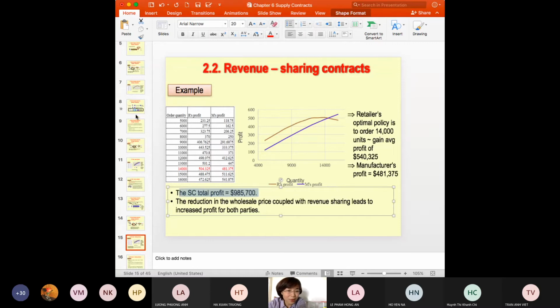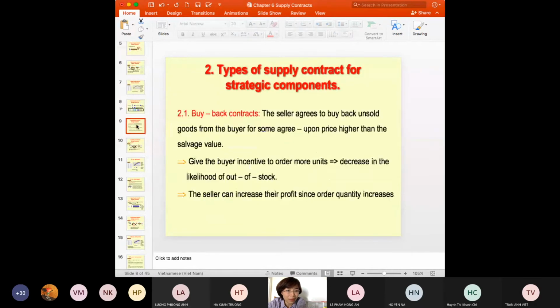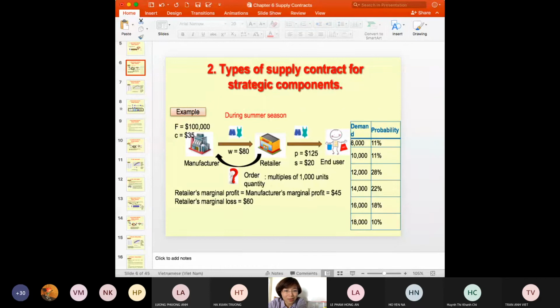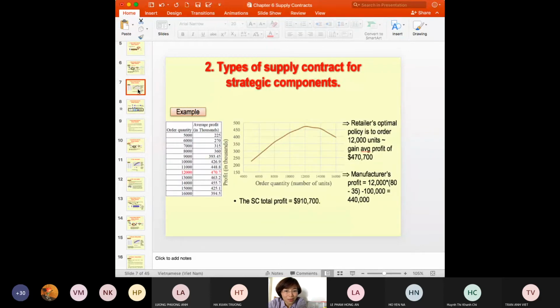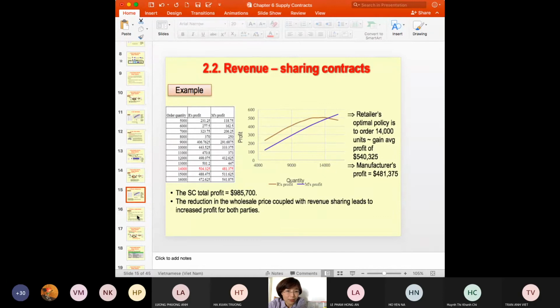But that is still an increase compared with the beginning of this case, where you can see the profits if they don't have any contracts. If they don't have a contract, the total profits for both sides are just that number, 910,000 here. That is 985. Okay.